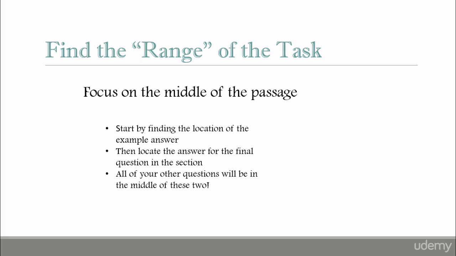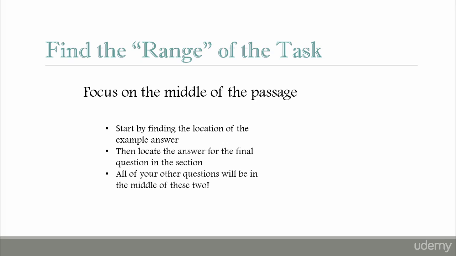Another technique is to find the range of the task. What this means is you should focus on the middle of the passage. The first words in the passage typically don't give you any answers. And the very last words in the passage don't give you any answers either.